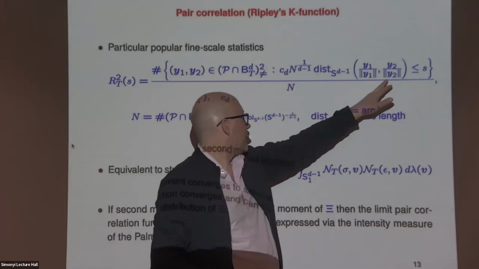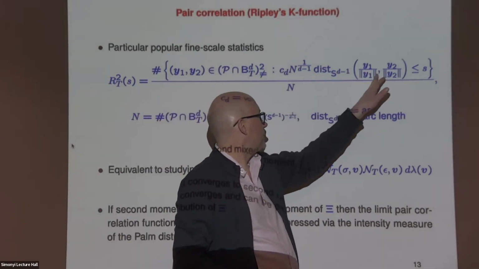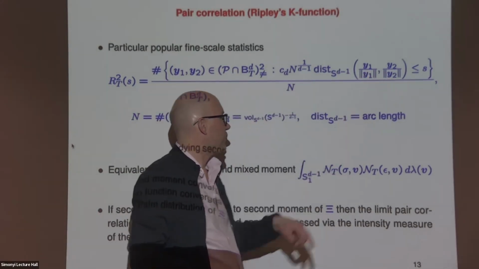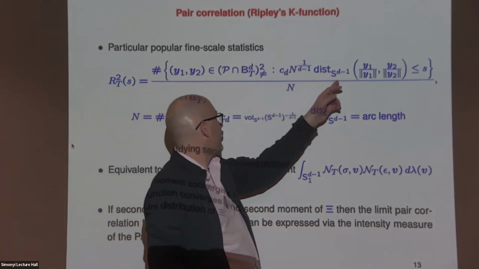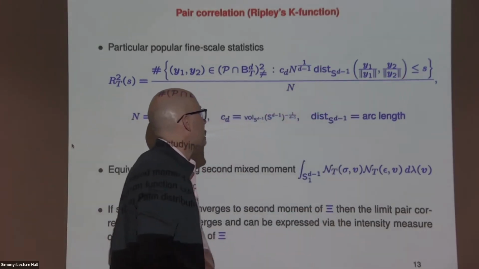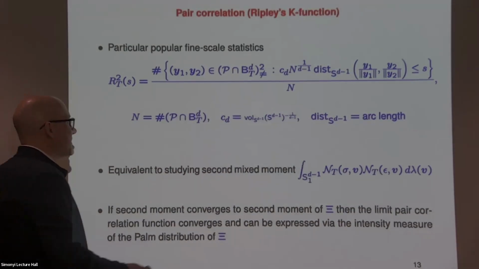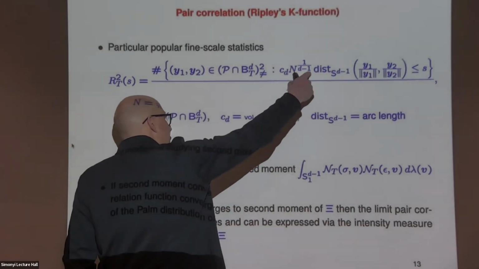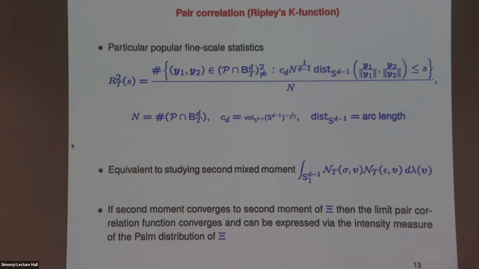And now we look at the distribution of distances between our projected points from our point set, and we ask how many of those are at a distance less than s. And we have to normalize here by 1 over the average distance.